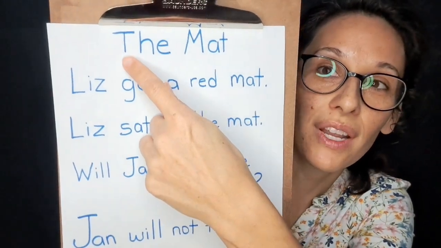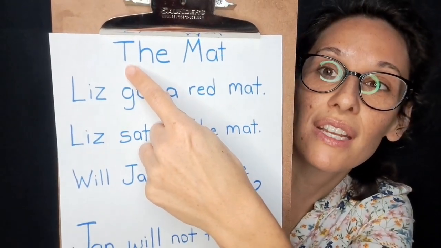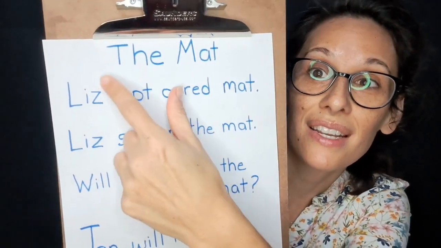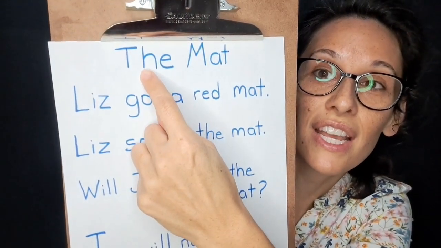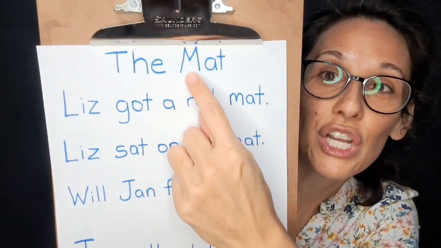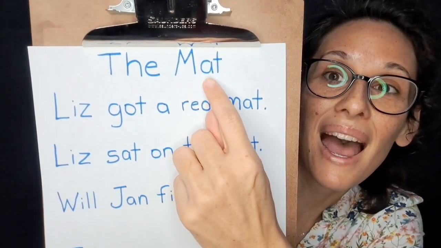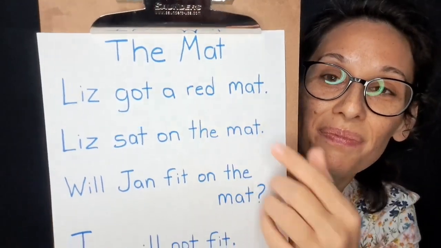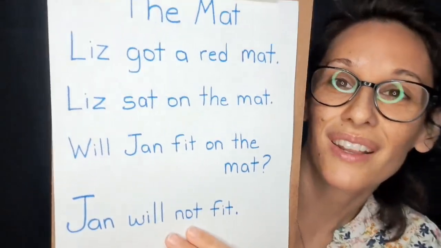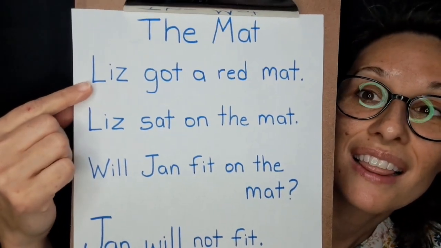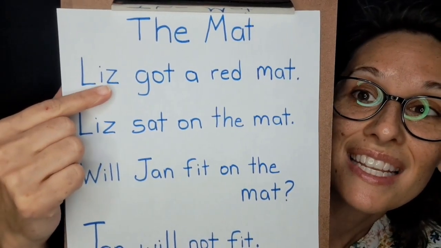Okay, this word, remember I told you earlier that it's kind of hard to read, so it's a good one to memorize. TH together sounds like the, mat. Now, we'll start reading the first sentence. I'll help you with the first two.